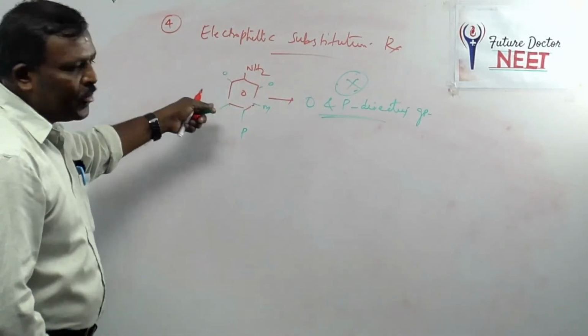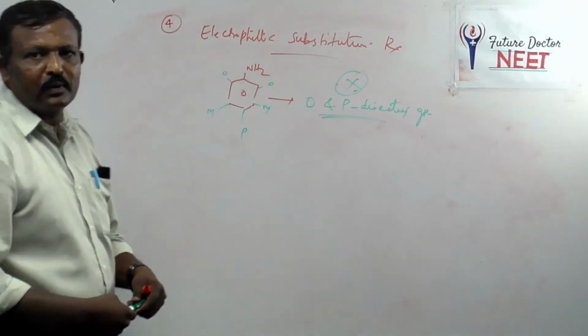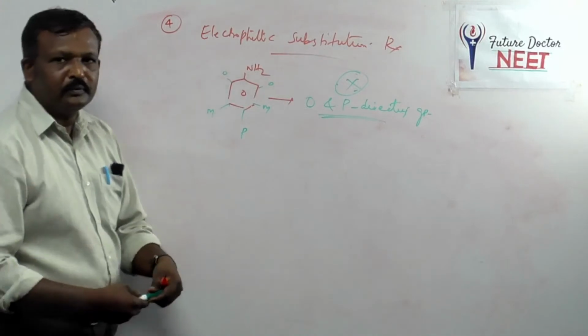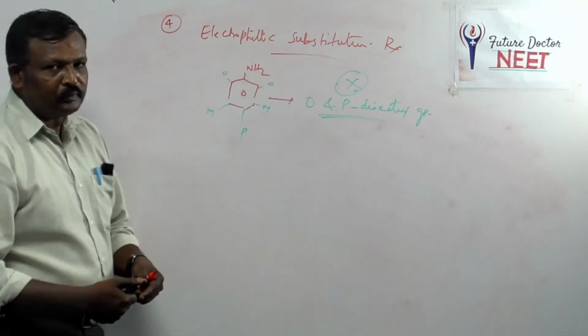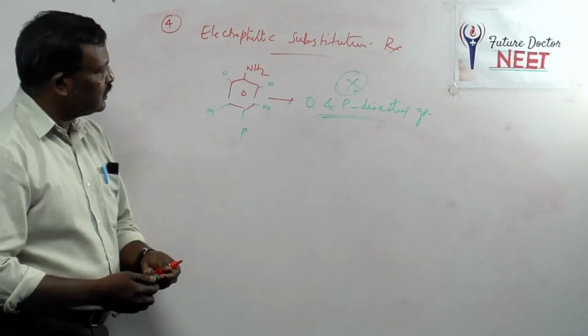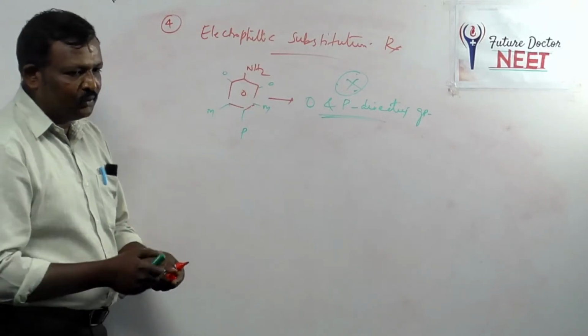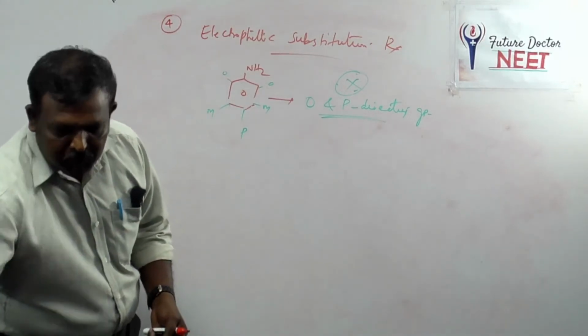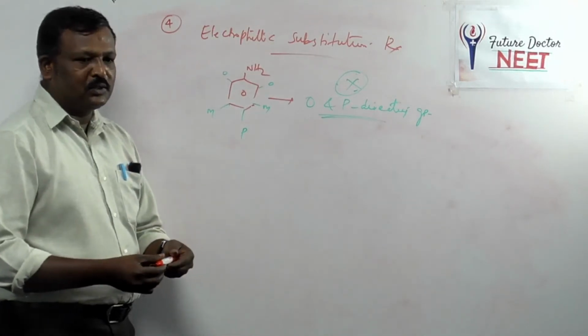Then I am going to give 2 examples. Understood? Aniline is an ortho and para directing group. Just note this down, it's enough. Then the position also you must know.